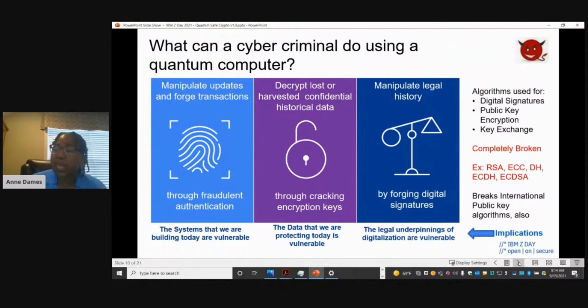So some of the implications of that are the data that we're protecting today is vulnerable. The legal underpinnings of digitalization are vulnerable. You have to be concerned about somebody creating a transaction once they're able to break the specific cryptographic algorithms that we were talking about, the asymmetric algorithms.